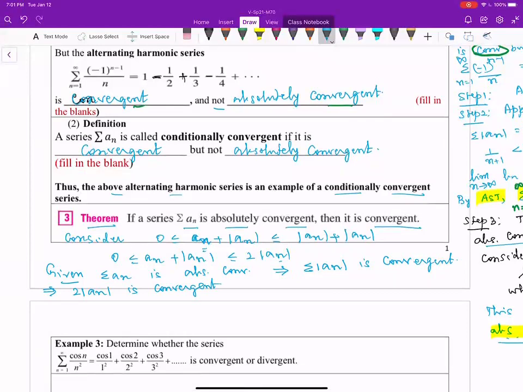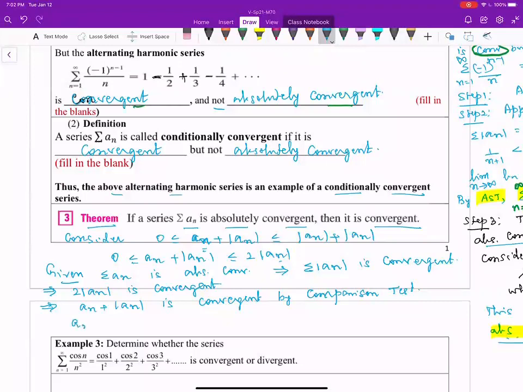So we notice that by the comparison test, sigma (a_n plus absolute a_n) is convergent.